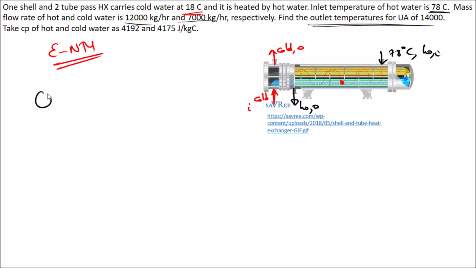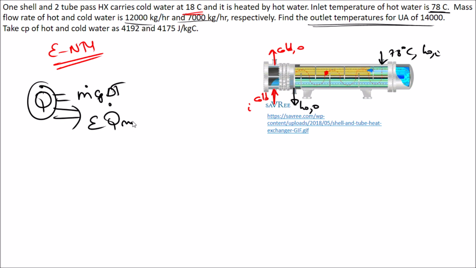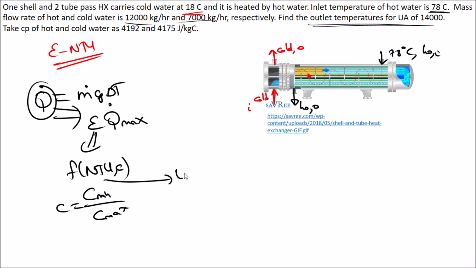Firstly, to find the outlet temperatures, I need to know Q dot, because Q dot is equal to m dot Cp delta T. From delta T I can find the temperature difference, but I don't know Q dot. I know that it is equal to epsilon times Q dot max, and that epsilon is a function of NTU and lowercase c, where lowercase c is C minimum by C maximum, and NTU is UA by C minimum.